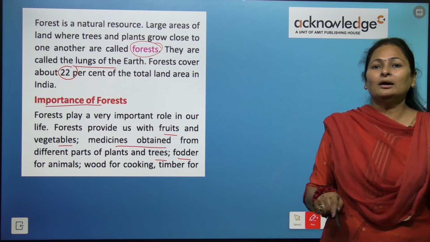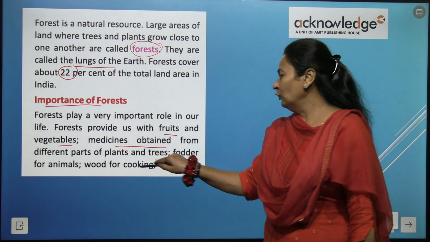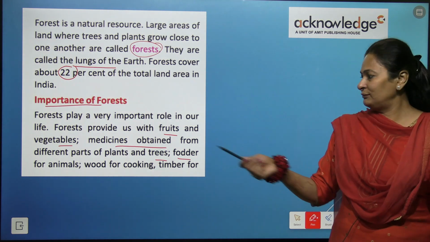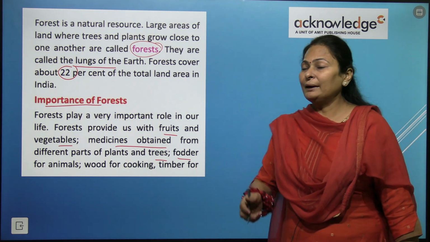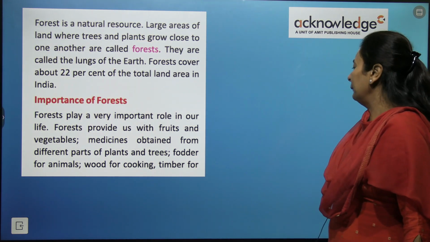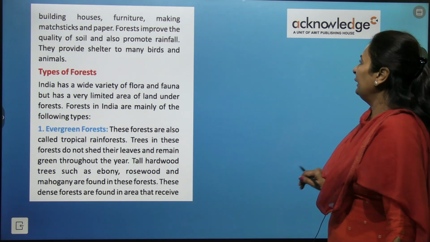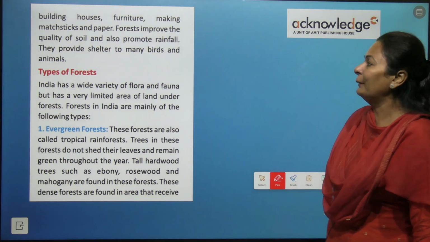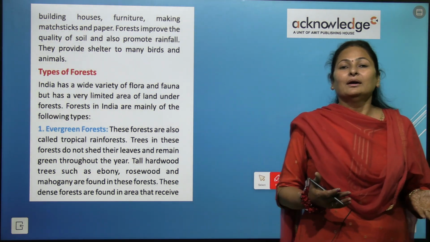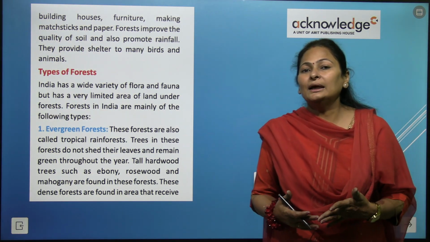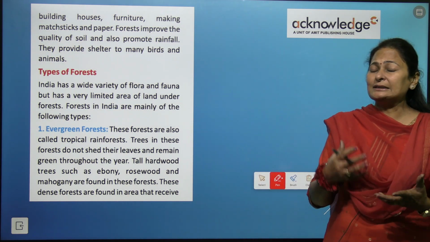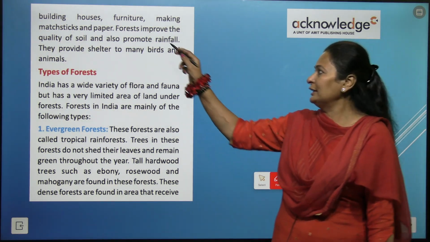So this is called fodder for animals. Food for cooking, as we have discussed. Timber. Now what is timber? Timber means wood. Timber is used for building houses and furniture, making matchsticks, and paper is also made from wood pulp. So we get so many things from the forest.